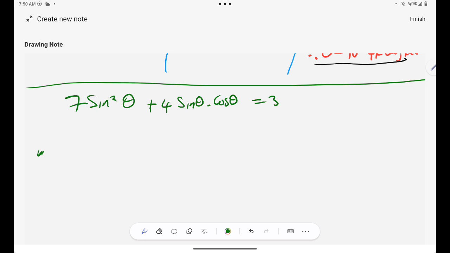Are we together? We are asked to find the general solution.